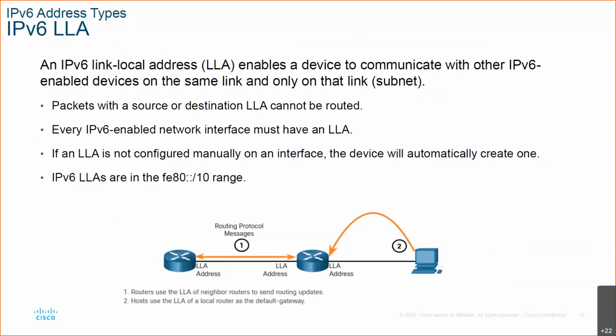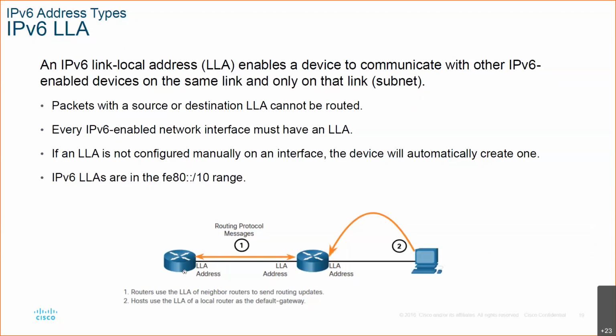Every IP version 6 device will have either a global unicast address or a link local address. If you don't have a link local address, it can be configured manually on your interface, and you can give a range for that link local address. Usually this is the range.